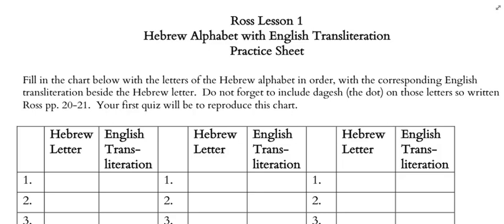What I want you to do is go to page 20 in the Ross textbook, and I'm going to allow you to follow along there, looking at the printed Hebrew letters that are in the far left-hand column. And to the right of the Hebrew letter, you're going to see what look like English or Roman font letters.